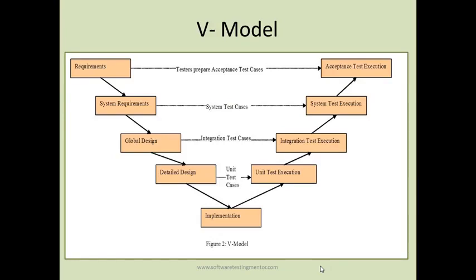Because of all those issues in the waterfall methodology, suppose there was a requirement issue and the requirement itself was not valid, that used to be detected only when testers started testing.